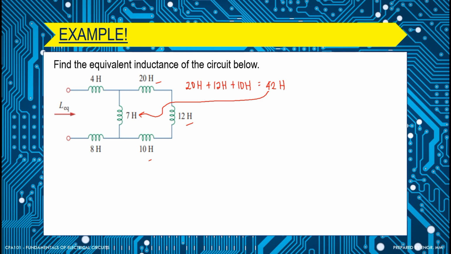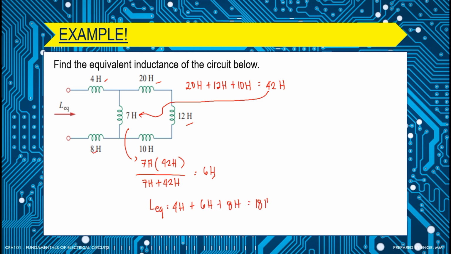So that will be 7 Henry multiplied by 42 Henry over 7 Henry plus 42 Henry, and that is equal to 6 Henry. So our L equivalent is the summation of 4 Henry plus 6 Henry plus 8 Henry, and that is equal to 18 Henry.